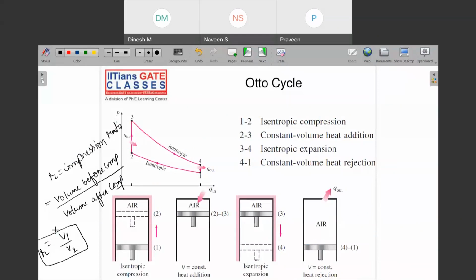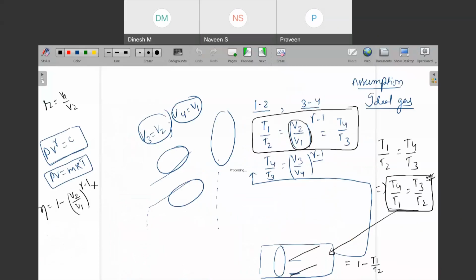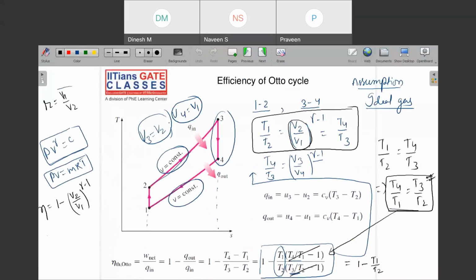So now V1 upon V2 is equal to r, and eta is equal to 1 minus 1 upon (V1 upon V2) to the power gamma minus 1. Can I write that? Yes, obviously, because V2 upon V1 is nothing but V1 upon V2 with V2 going to the numerator. So this is again the same.